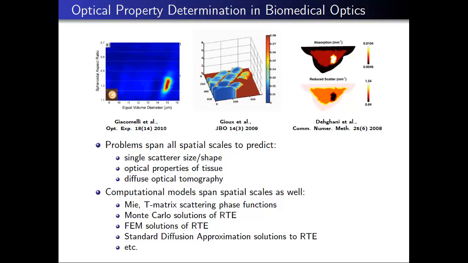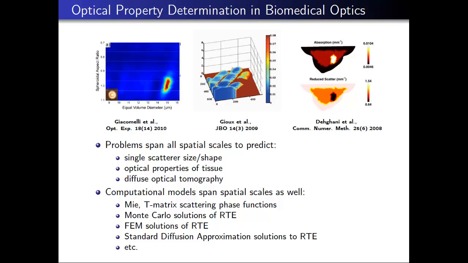And then Professor Zhu showed how he's looking at thicker tissue, fingers, trying to determine the optical properties, and he uses Monte Carlo simulations of the radiative transport equation. And then onto thicker tissue, Brian Pogue's group are using diffuse optical tomography.